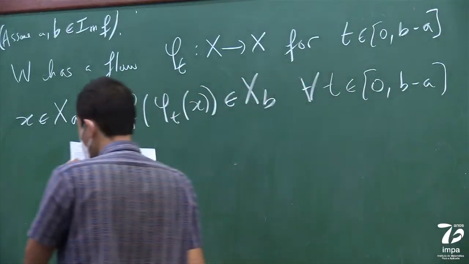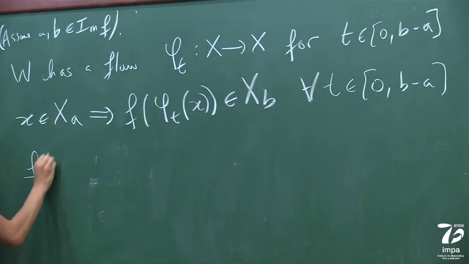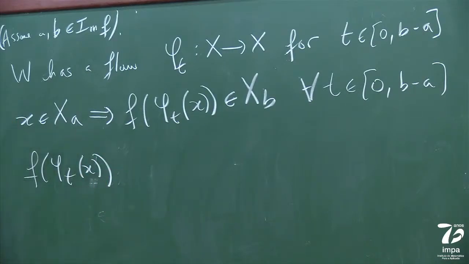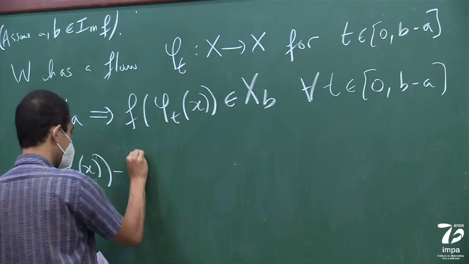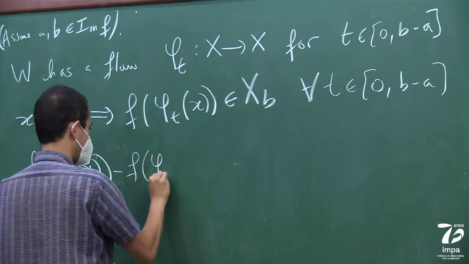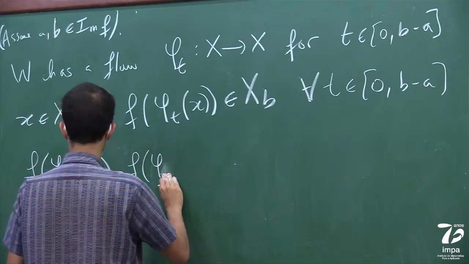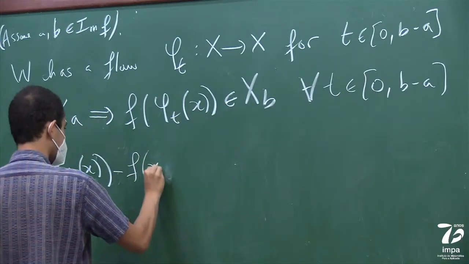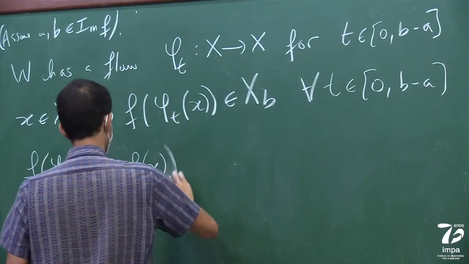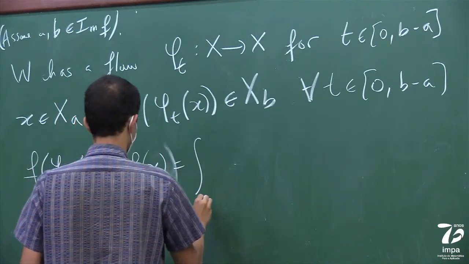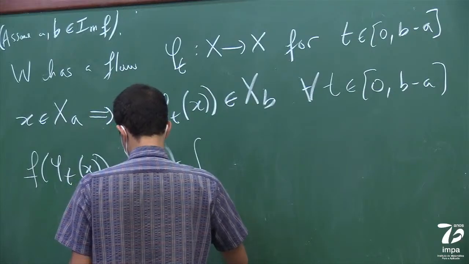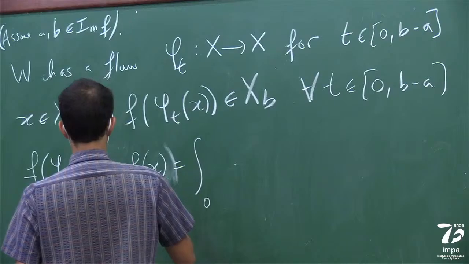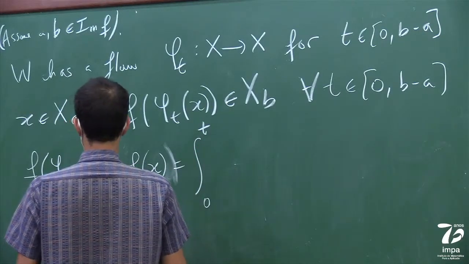Okay? So that's a simple calculation, just using the fundamental theorem of calculus. So this guy minus this guy, f of x, is equal to the integral from 0 to t of this derivative.